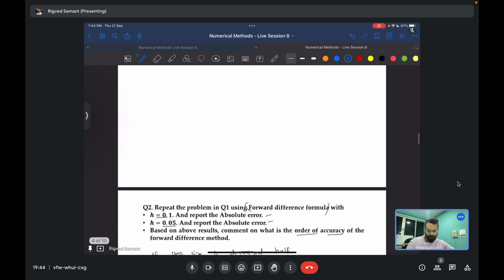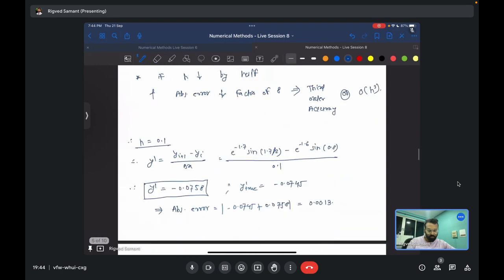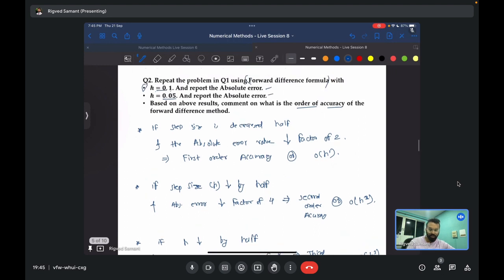So what is the first part that we have done here? We used the same forward difference formula, got the y dash value, and the y true value we had already calculated. From that we calculated the absolute error. So first the step size was h is equal to 0.2. For that we got an absolute error of 0.0022 for forward difference.